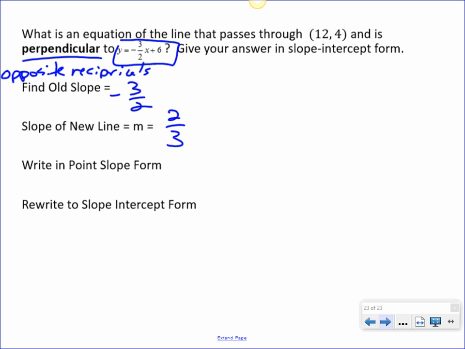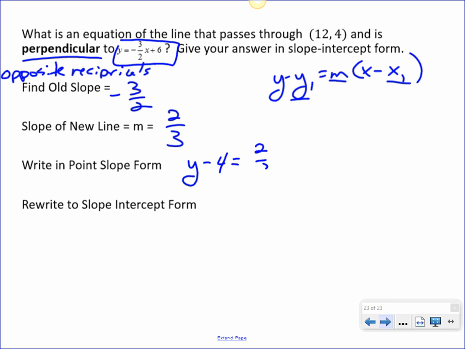If I want to write that in point slope form, again, point slope form is this. So I'm going to replace these three things, and we should have gotten this. Y minus a 4 equals a 2/3 times x minus a 12. And then if I go to rewrite that into slope-intercept form, I would distribute the 2/3.